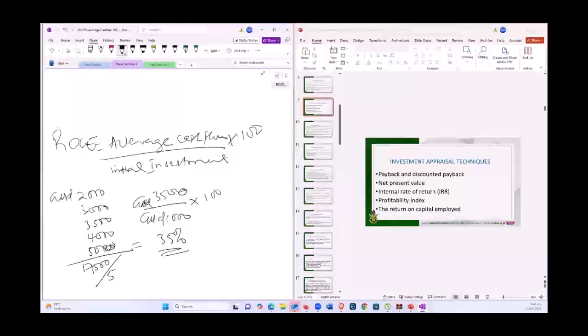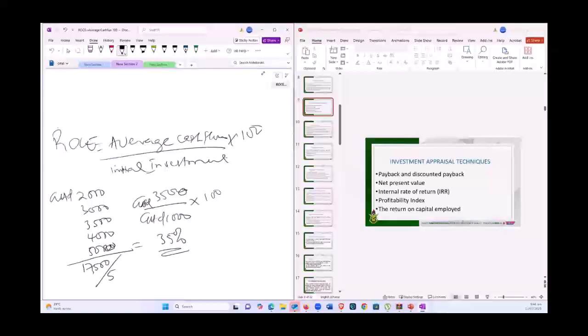Now, what is the conclusion? The conclusion is that, yes, these are all methods, but among them, the one that stands out and the one that is mostly used is what? The net present value method. Why? Because it is consistent with the shareholder wealth maximization objective of the firm. Right?